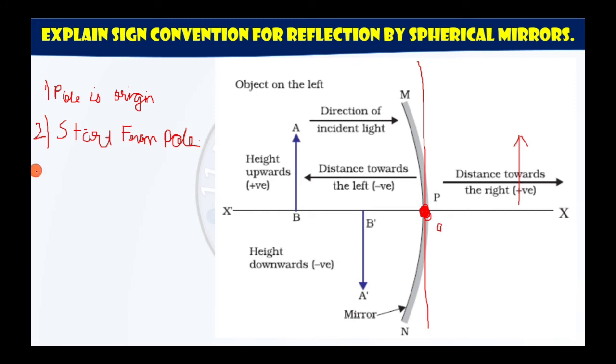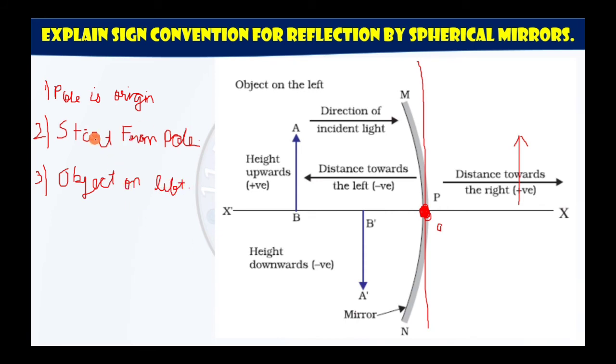Third, the object will always be placed on the left side of the mirror, no matter what type of mirror it is or what type of lens it is. Convex, concave, mirror or lens, the object will always be placed on the left side. So these are the three basic things we have to take care of.